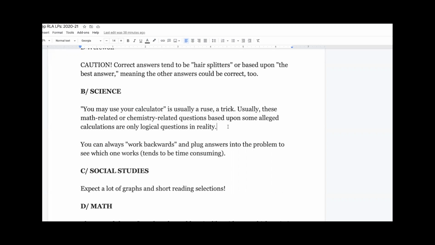They think you have to have that prior knowledge of the periodic table of elements, and you don't. It has nothing to do with that. And then they throw that phrase, you may use your calculator, and you're thinking, oh my God. So I'm saying to you, when you run into that kind of problem that says you may use your calculator, it's probably a logical question that you can do on your own without using a calculator. Excuse me.